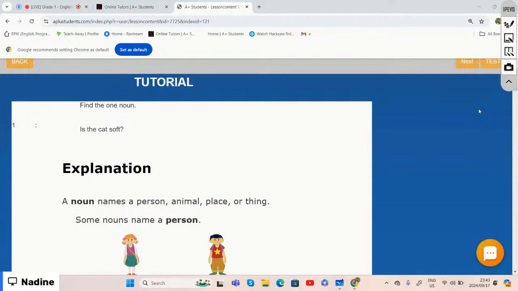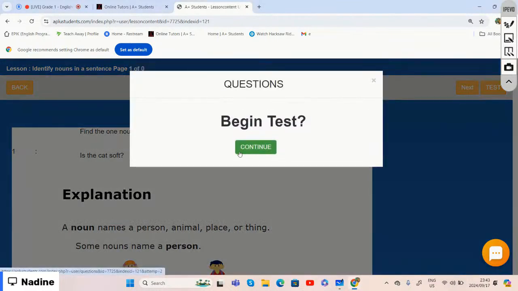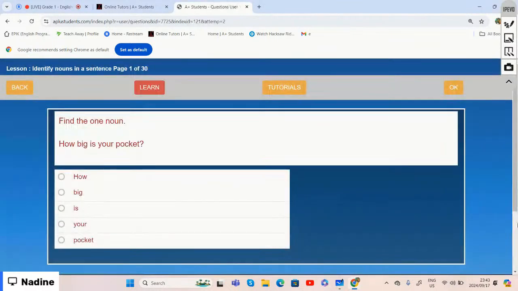All right, so now we're going to our test where we are going to identify nouns within a sentence. We need to find one noun within the sentence. It says, how big is your pocket?